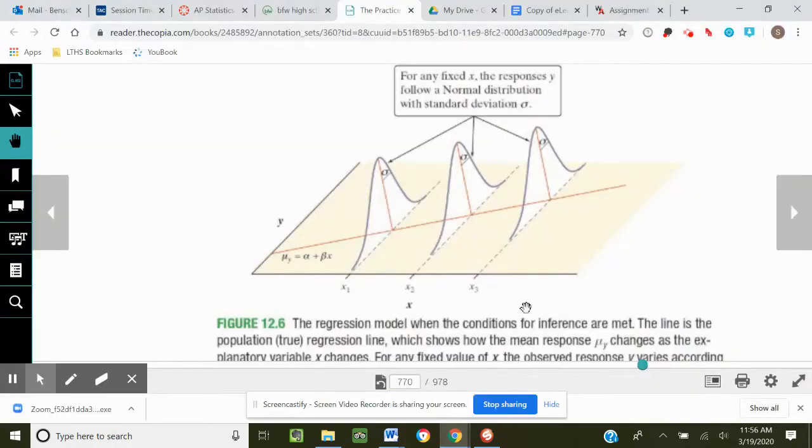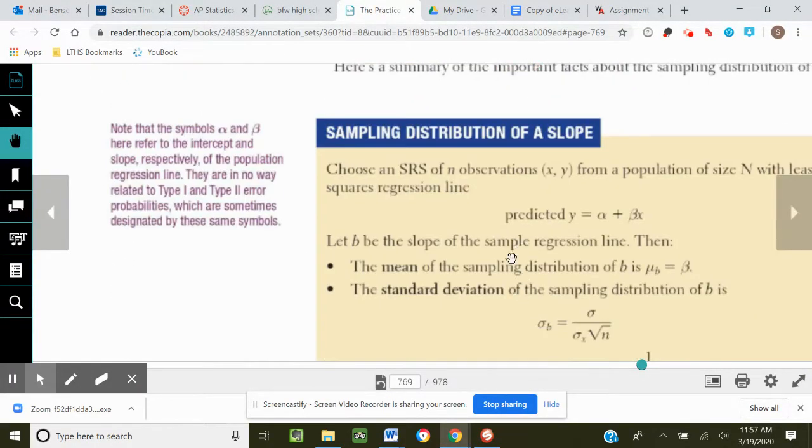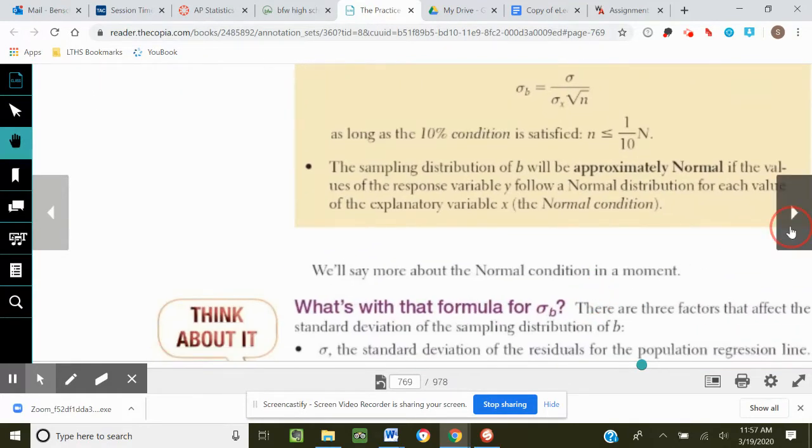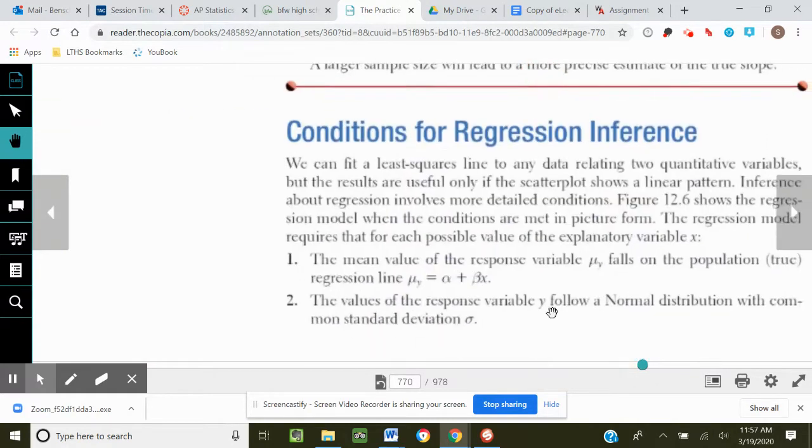So let me show you what the conditions look like in the textbook because it's a lot easier to read. Conditions for inference.